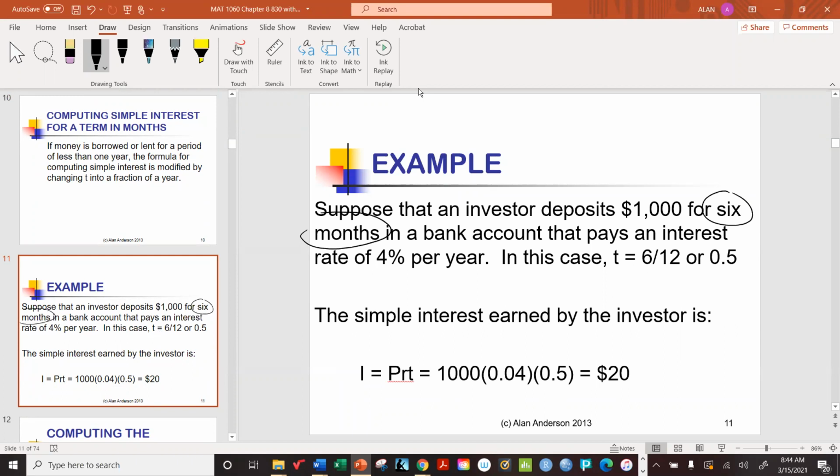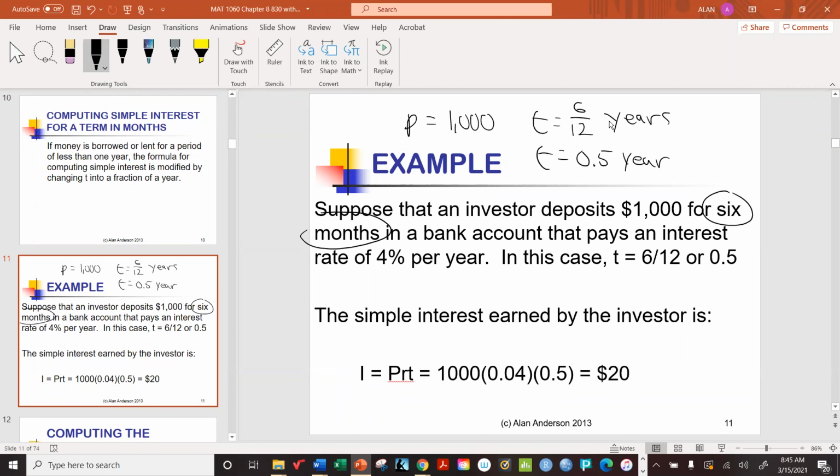All right, so that means we have P is 1,000. And the key here is that T is now a half of a year. Think of it as 6 out of 12 years, which you can reduce to a half a year.